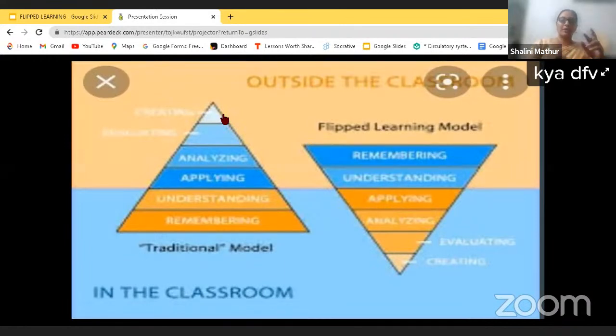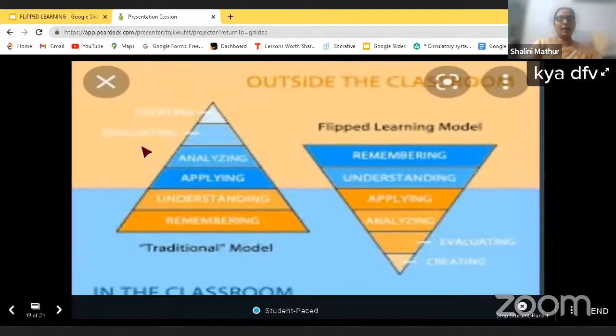So they are at the point where they can evaluate the learning also, and after that they can easily create something new. This is how Bloom's taxonomy becomes completely vice versa in the flipped classroom as compared to our traditional classroom.